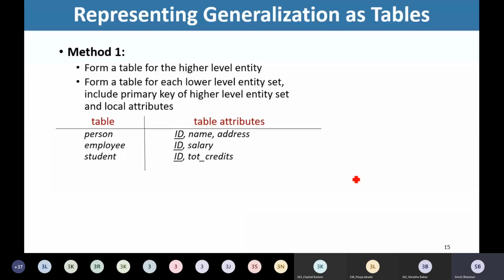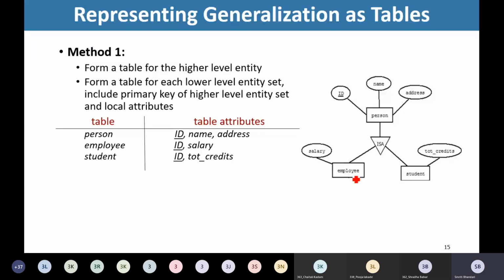Suppose I am having this kind of generalization or specialization. I have the higher level entity set, that is person, and the lower level entity sets, those are employee and student. So, in method number 1, if I want to convert this ER model into a tabular form, then I'll be forming a table for the higher level entity set.